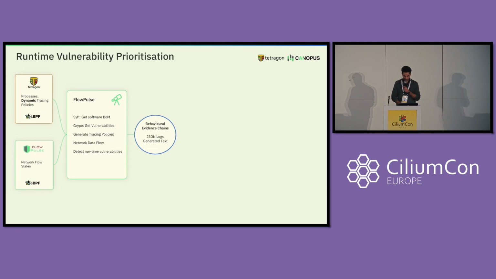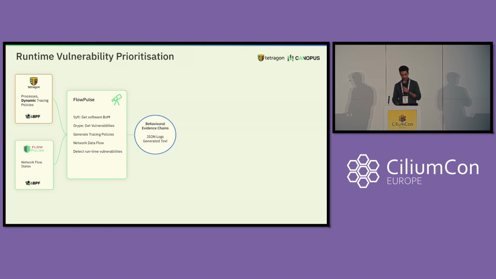To solve this problem, the way we approach it is we first get the software bill of materials using something like Syft, which will provide you with all the file paths that might be in play in all the software packages and binaries. Then we run that through Grype to get a list of vulnerabilities attached to those paths. We can also check that against CISA KEV databases.